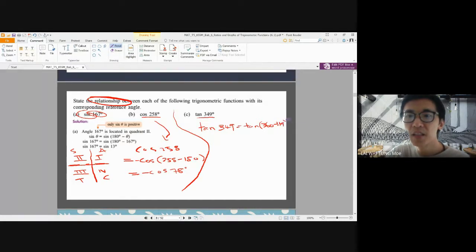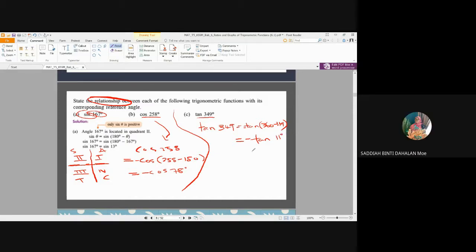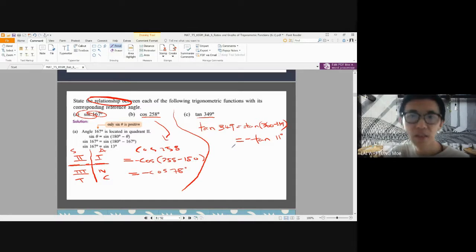In the fourth quadrant, cos is positive, so tangent is negative. So you put a negative sign here, and your answer becomes negative tangent, and here should be 11. Negative tangent 11 degrees.